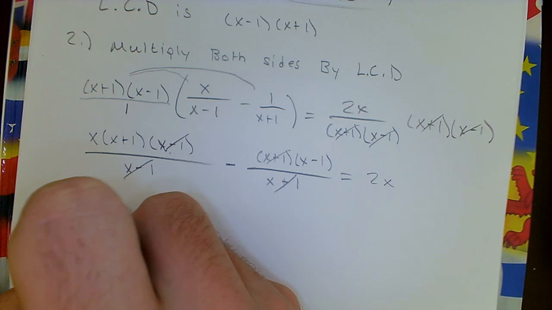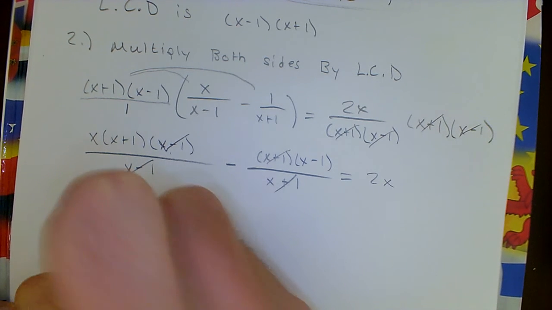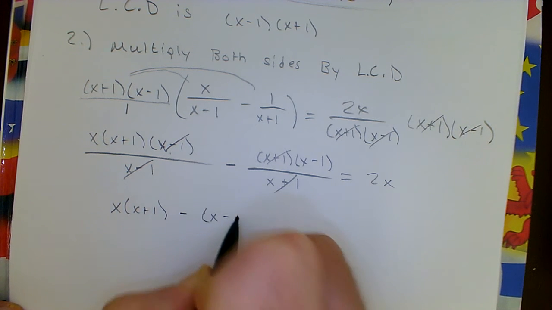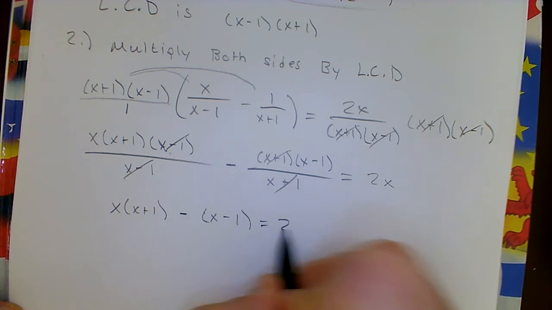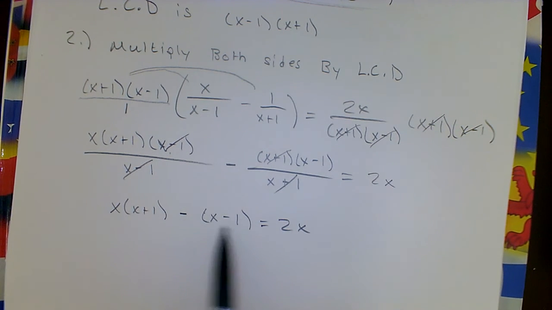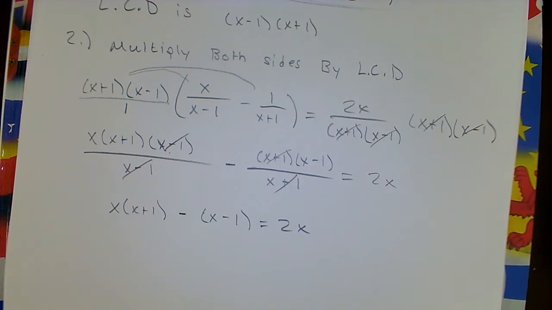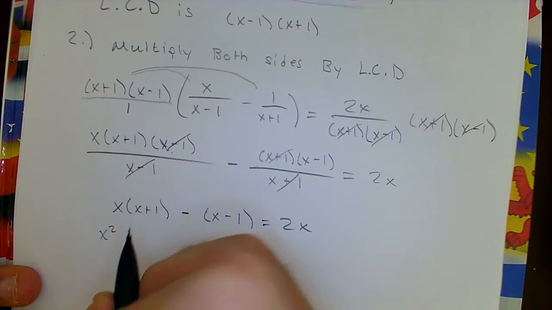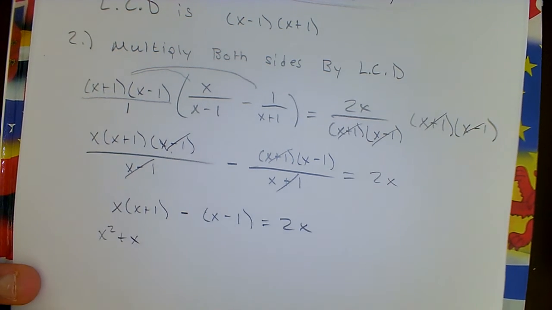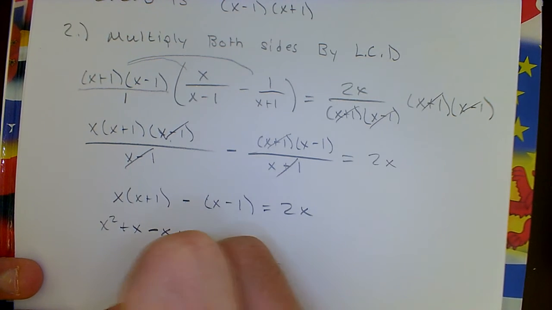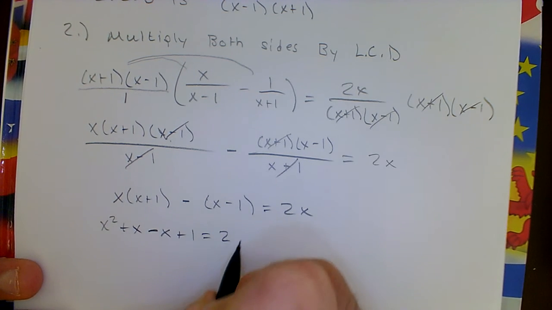So now we get x times x plus 1 minus x minus 1 equals 2x. You got to be careful about this minus sign. Keep the parentheses around just so you don't mess that up, right? So now, if we simplify this here, we get an x squared plus x minus x, and then a minus and minus makes a plus.